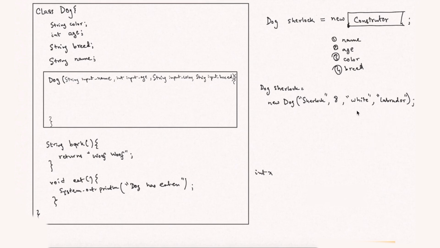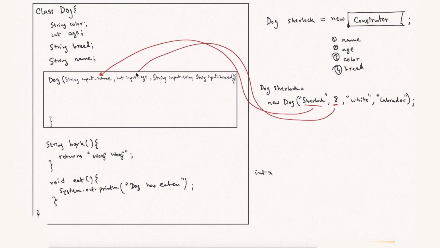But these did not yet get connected to the Dog object using the class. In order to do that, we need to connect this, because you see, this variable is coming here. This variable is coming here. This variable is coming here. And this variable is coming here, right?